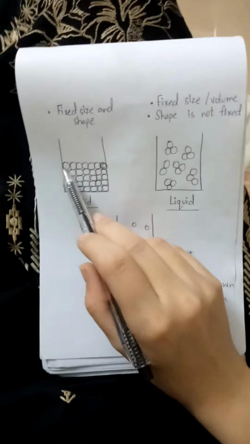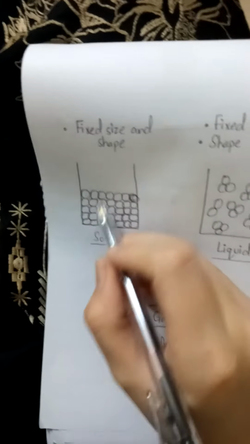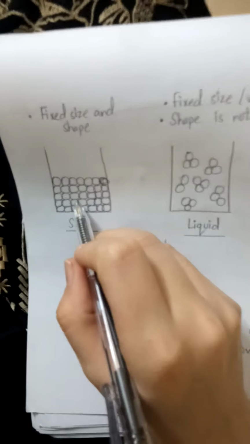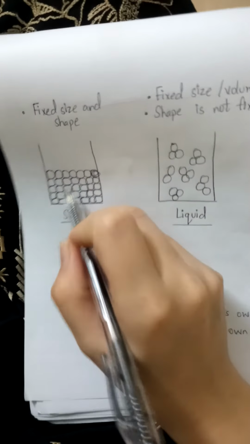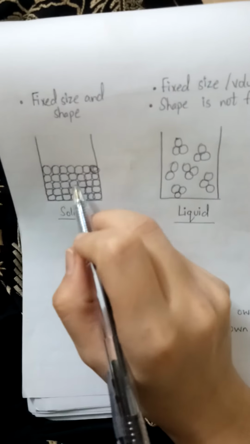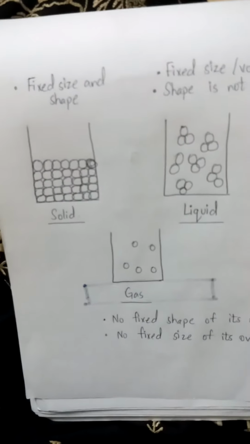So here you can see that the particles, or the atoms, are tightly packed with each other. They don't have any space to go anywhere. There is no distance between them.